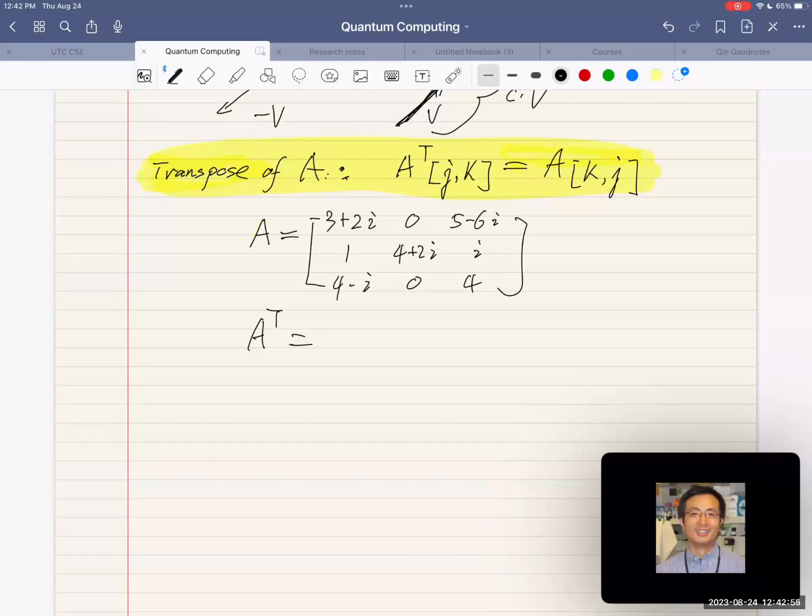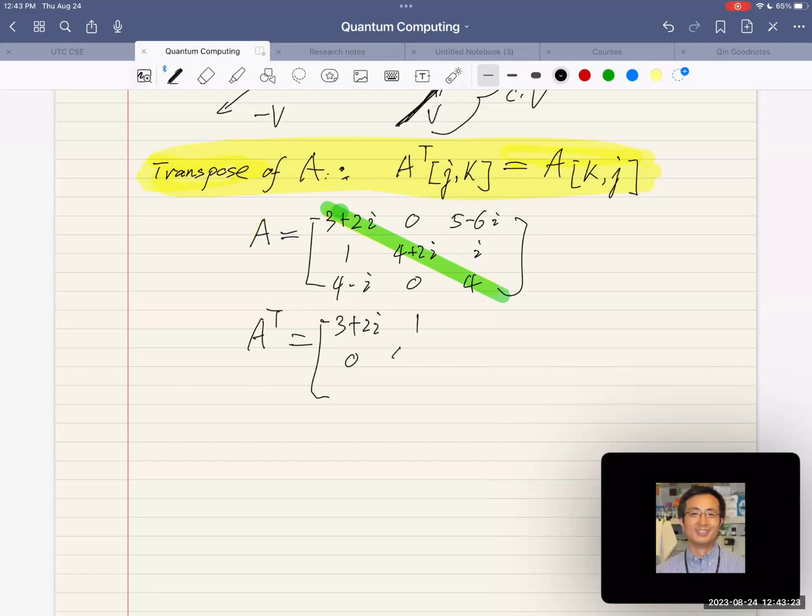So 3 plus 2i stays, but the 0 and 1 should be flipped.